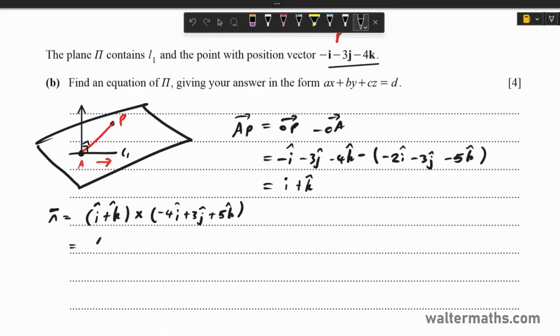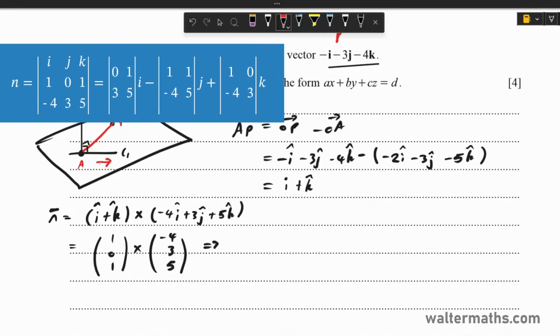So for the vector product, that's 1, 0, 1, right? And minus 4, 3, 5. So for this, I'll close out here and I'll have 0, minus 3. So minus 3i here. Then next, I'm going to close these and I'll have 5 minus 4, which gives us 9.